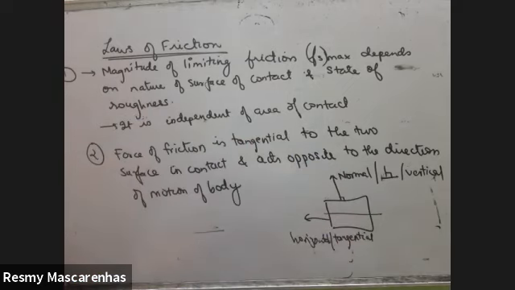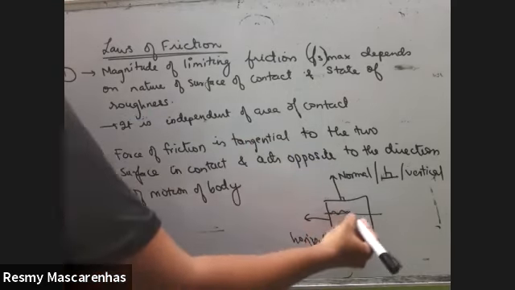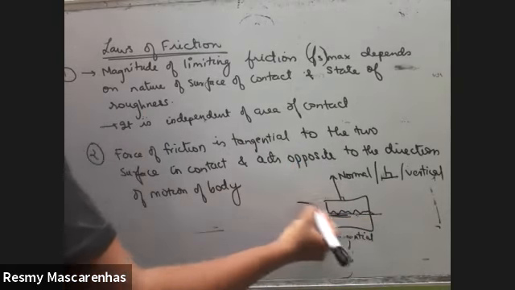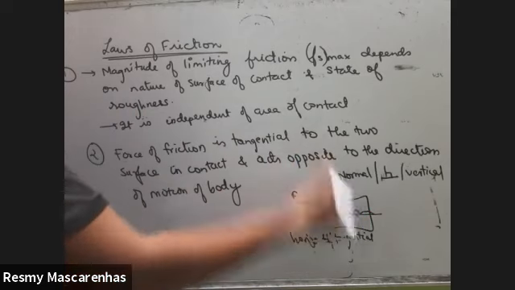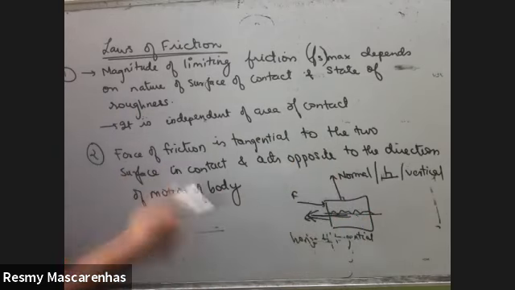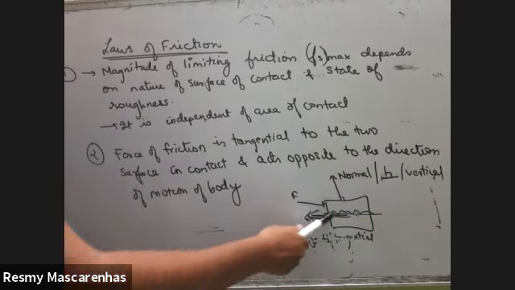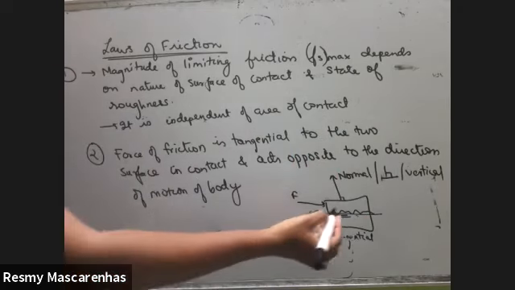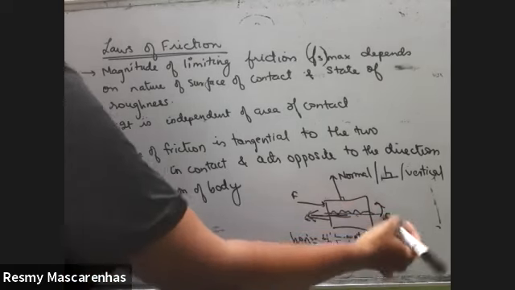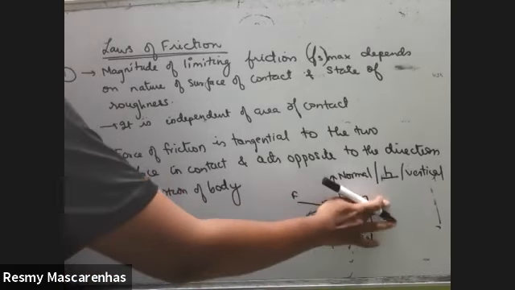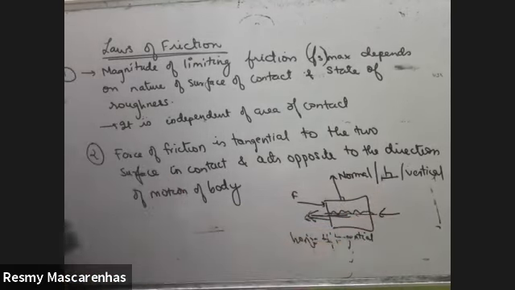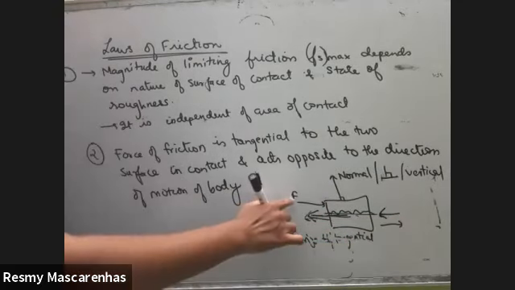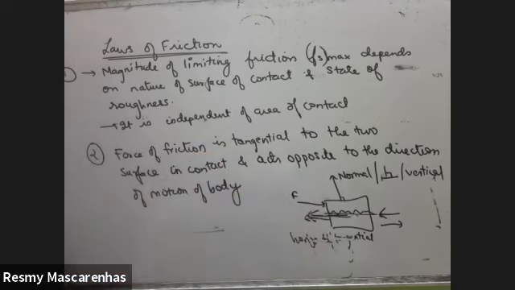So the force of friction, if two surfaces are in contact, will always be in this direction. If you are applying external force, friction will not act vertically. You always have to indicate friction force in the horizontal line. I have never shown f of s vertically. I have always shown it in either this direction or this direction, whichever way is opposite to the force applied.